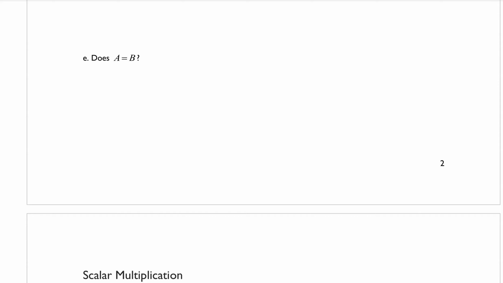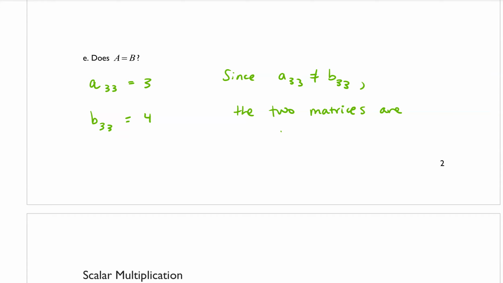And as we discussed previously, A33 is equal to 3, and B33 is equal to 4. So since A33 does not equal B33, the two matrices are not equal.